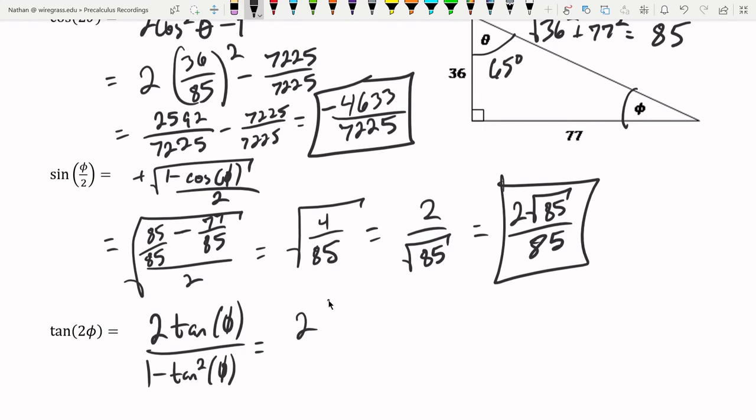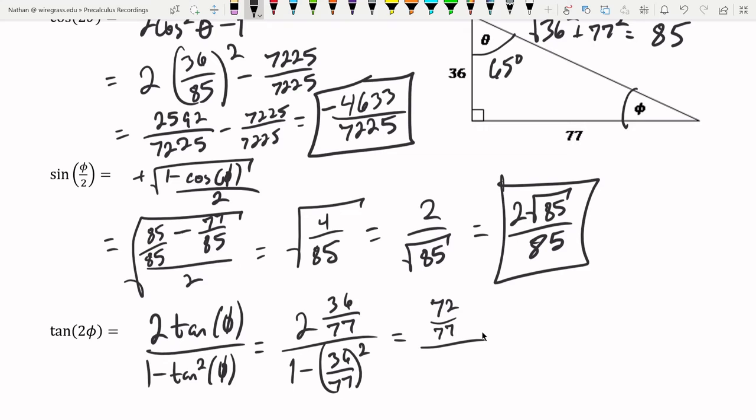So we get 2 times 36 over 77, over 1 minus 36 over 77 squared. Okay, on top we're going to get 72 over 77.